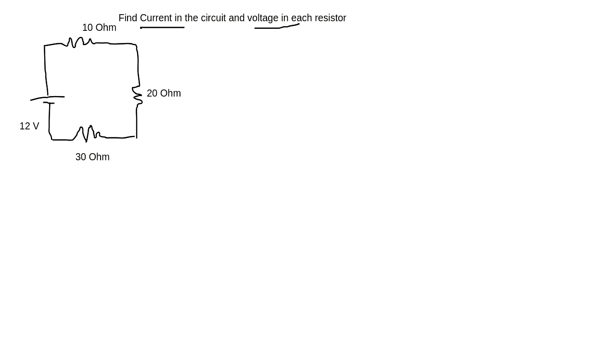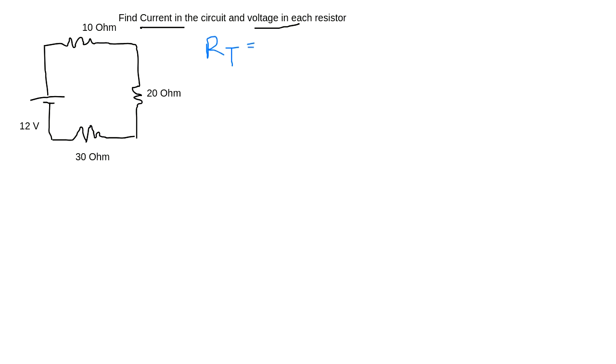So what is there? At first, we will think about the total resistance. R total: these resistors are in series or parallel? Anybody can tell me? They are not in parallel. They are in series.